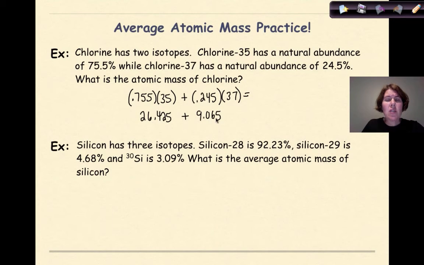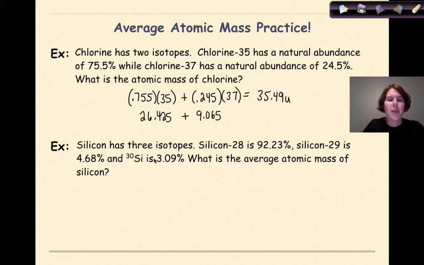So when I add these two numbers together, my final answer should be 35.49 u. And you know what? If you're doing this and you know that this is going to be the average atomic mass, which is listed on your periodic tables, you probably should check your periodic table and make sure that your mass is relatively close.